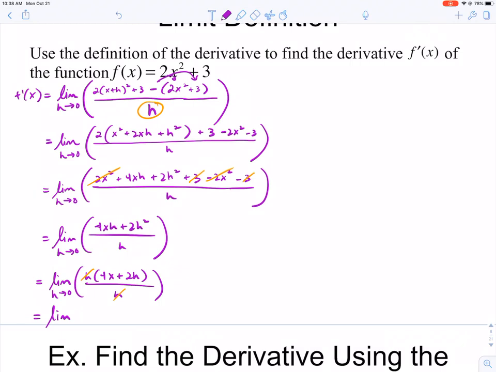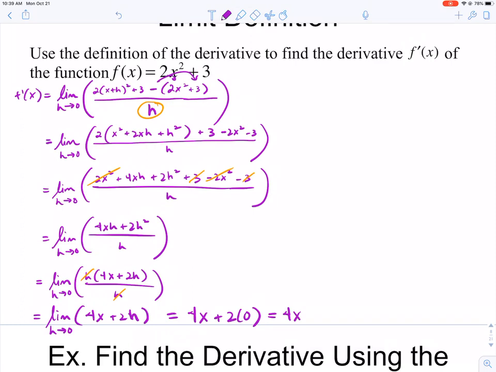So then we're left with the limit as h approaches 0 of 4x plus 2h. And our last step, which I'm running out of room for, is to now try direct substitution again. So 4x plus 2 times 0, right? We're replacing h with 0. Just simplifies to be 4x.